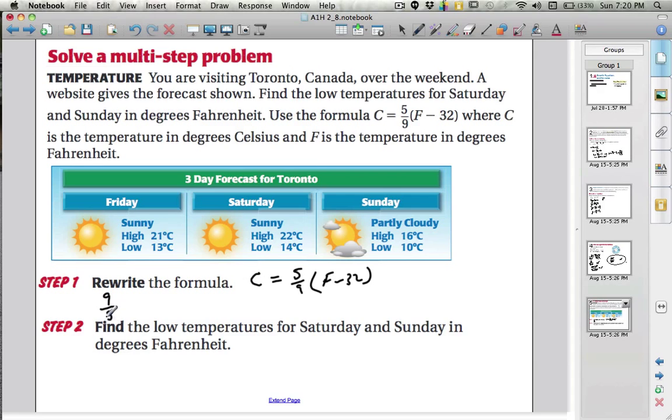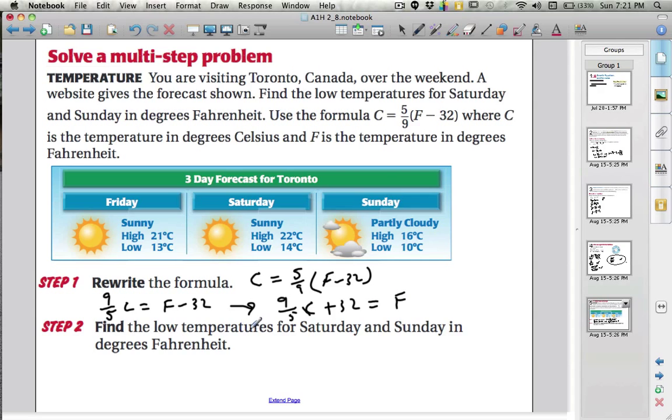So I'll get 9/5 Celsius is equal to Fahrenheit minus 32. And if I add 32, I can say 9/5 Celsius plus 32 is equal to Fahrenheit. So now I've taken this formula that relates Celsius and Fahrenheit, and I've set it up so that I can plug in Celsius and get out Fahrenheit.